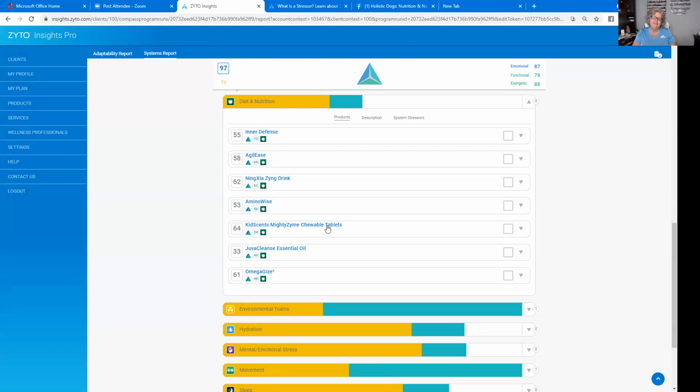Digestive enzymes help us extract nutrients from the food source we're giving it. So you've heard me say, all my kibble feeders need an omega, they need a digestive enzyme, they need a probiotic, and they need a vitamin mineral. I'm going to fix all of that with her diet, or at least I think I am. And I want to see where the diet change takes us before I start adding a bunch of other supplements.